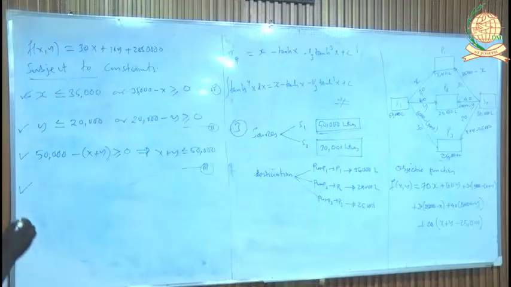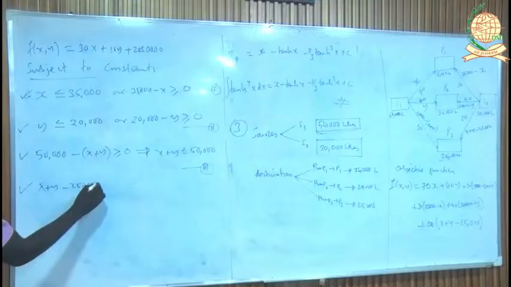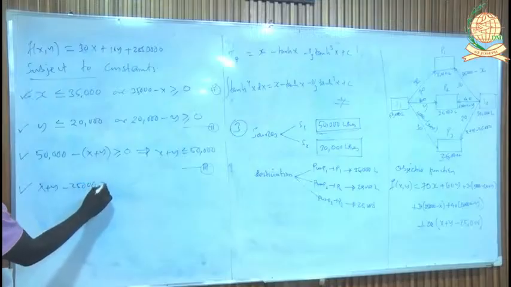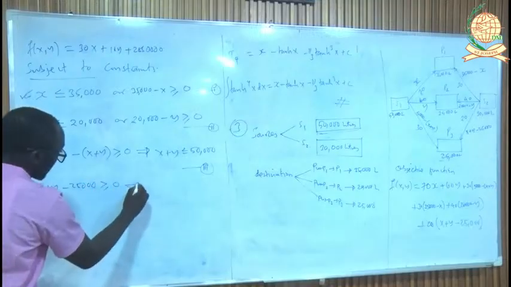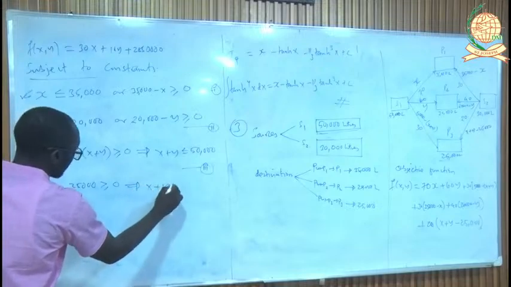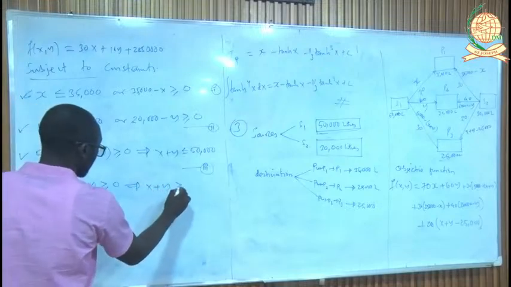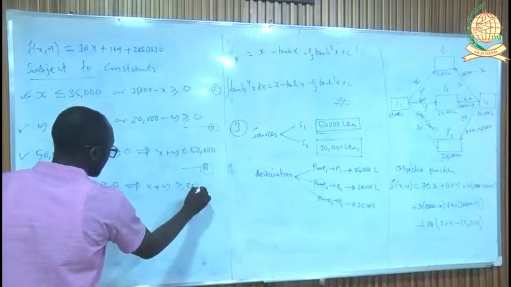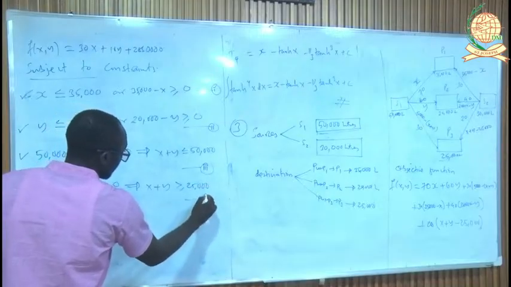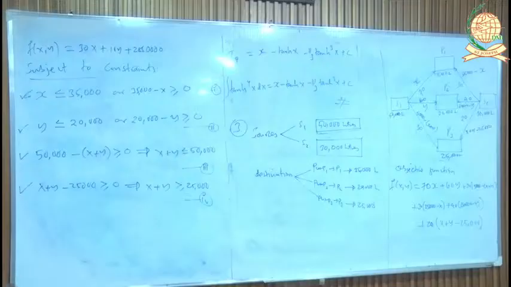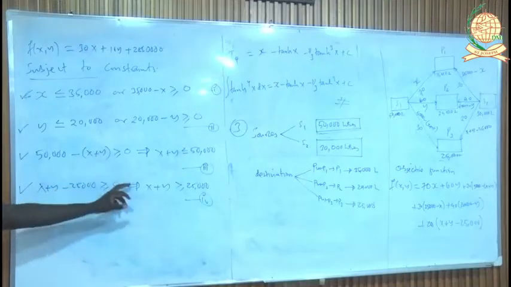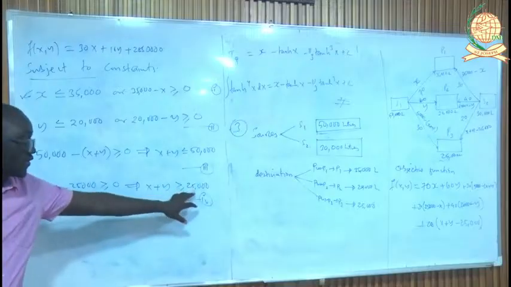So x plus y minus 25,000 is going to be greater or equal to 0, which implies x plus y is going to be greater or equal to 25,000 after rearranging the expressions, because this number could go to the right hand side, making x plus y greater or equal to 25,000 shillings.